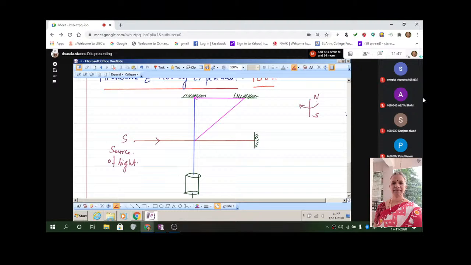So it's moving in this direction, isn't it? So that means we said there is ether. This is ether, the medium. It's moving with a velocity v.